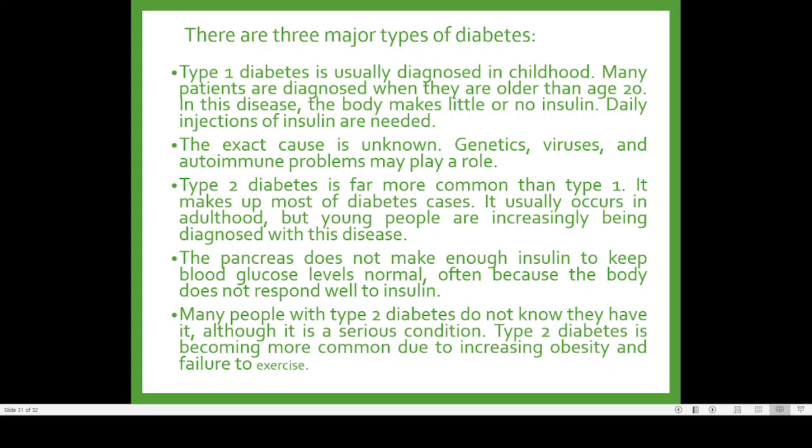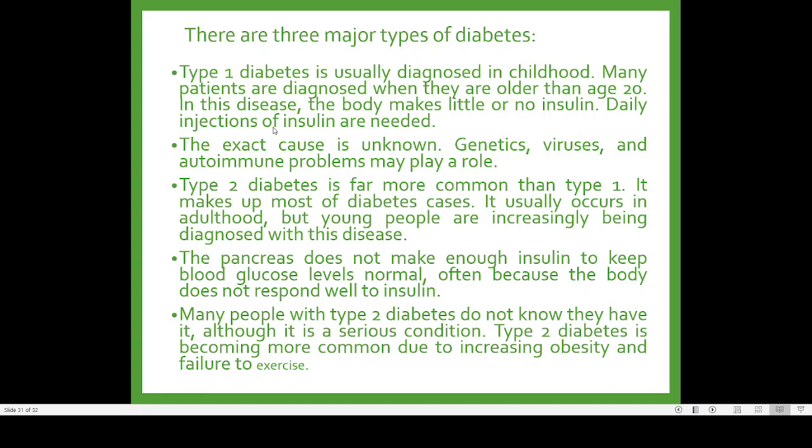Type 1 diabetes is usually diagnosed in childhood. Many patients are diagnosed when they are older than age 20. In this disease, the body makes little or no insulin. That is the problem in type 1 diabetes, which is sometimes called childhood diabetes or insulin dependent diabetes.